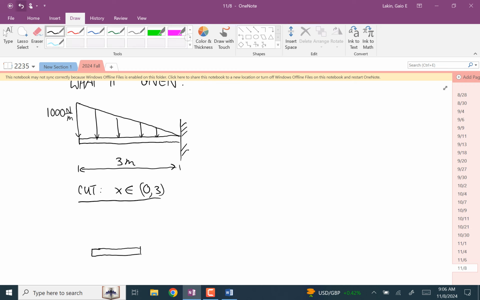And we're leaving out this part of the beam. And this distributed load looks like this. Okay, and then you have your internal loads.